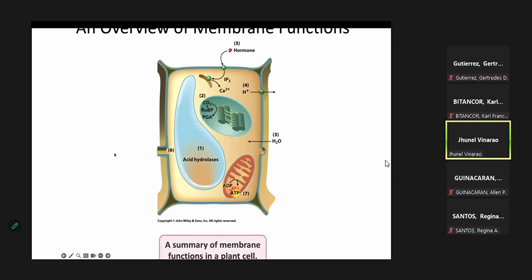Okay, correct. Correct, Aliza. Yeah, plasmodesmata, the connection to other cells. So yung mga membranes natin, they also mediate recognitions and interactions sa mga adjacent cells. Okay? So how about yung item number 7?